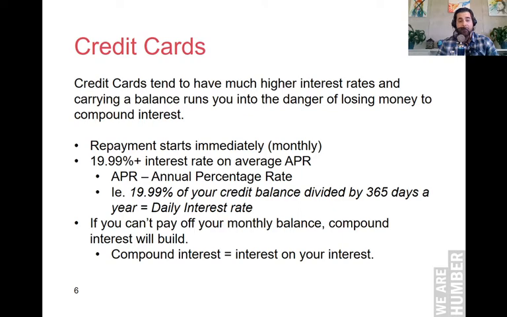So if you can't pay that balance off entirely, compound interest will build on the amount that you have in your account. Compound interest is essentially interest on your interest. So if you're owing 20% of an amount, and suddenly that adds up to a $5 addition to your account balance, instead of owing $100, you now owe $105 at the end of the year.